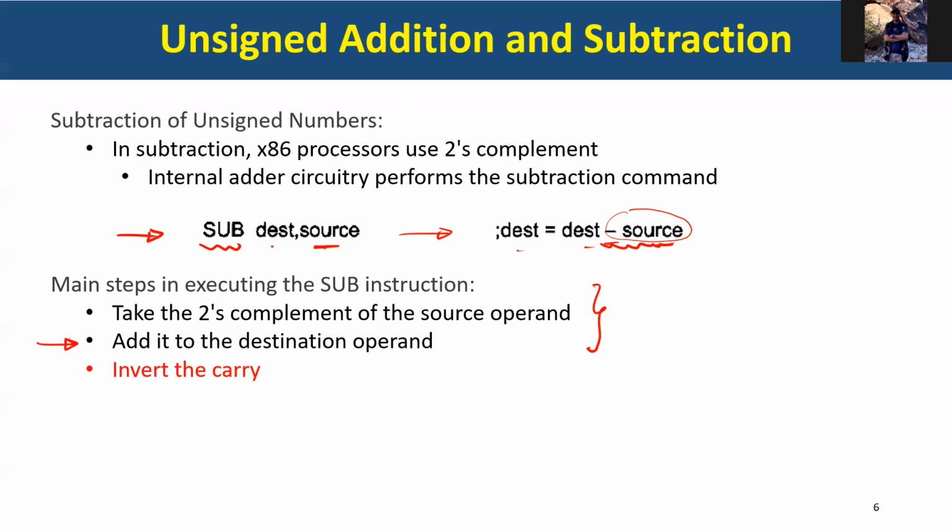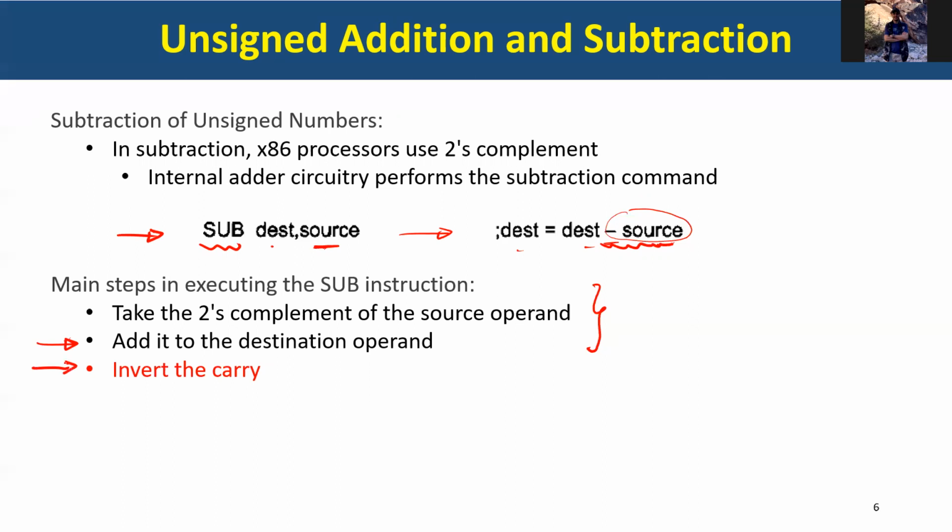We said in our first and second week that in subtraction we don't actually subtract, we add the 2's complement, and the addition of the 2's complement to some number is equivalent to making a subtraction.